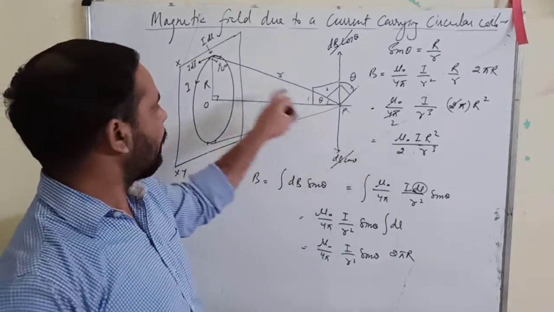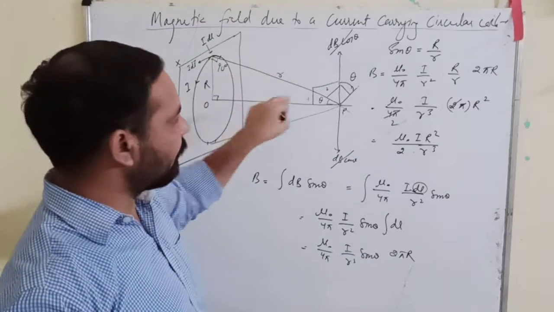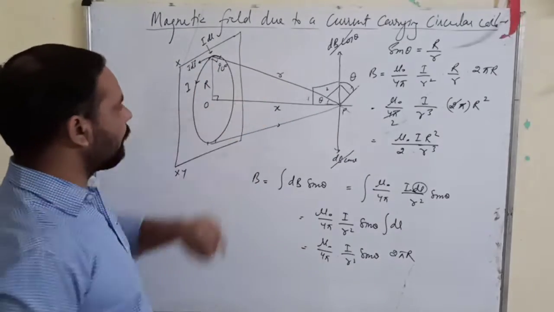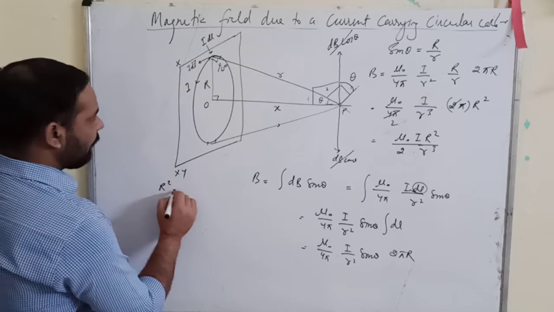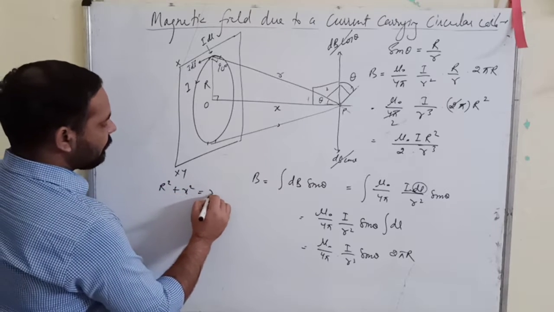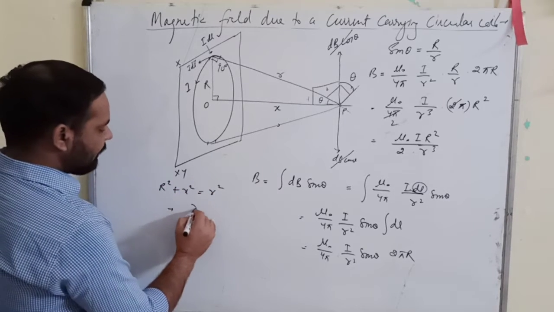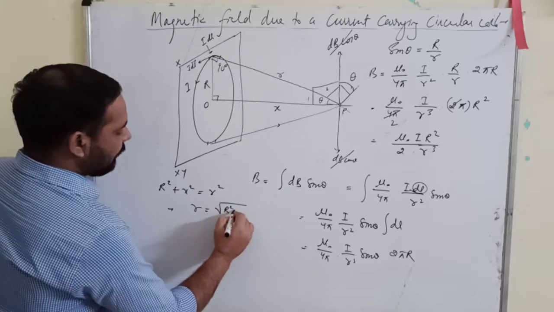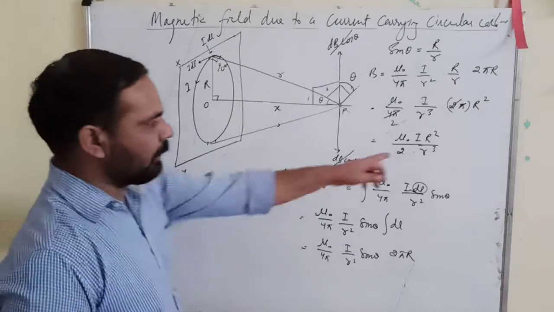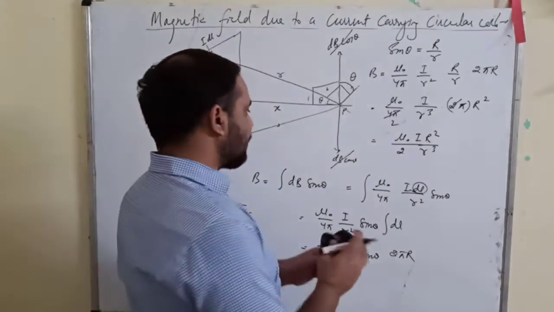Now this small r also we will have to remove. Here you can say that r square plus x square equals small r square, so small r is equal to under root r square plus x square. So we will replace it here.